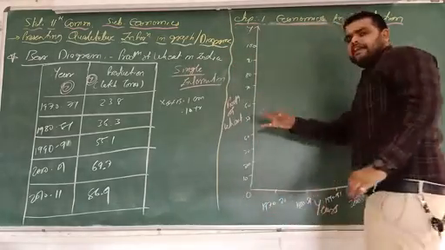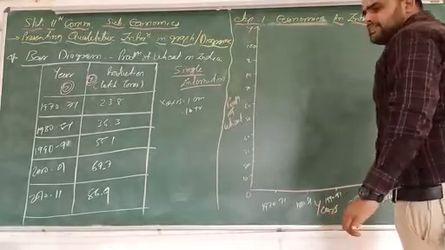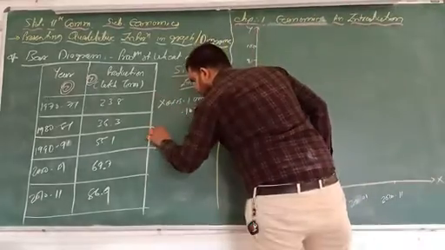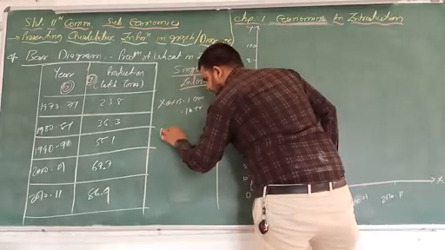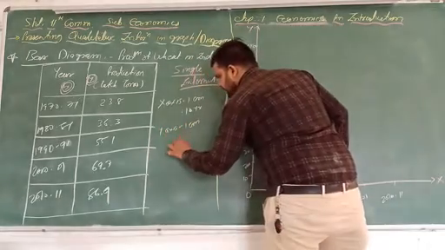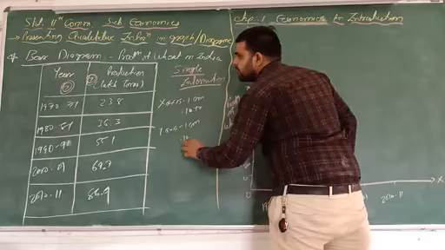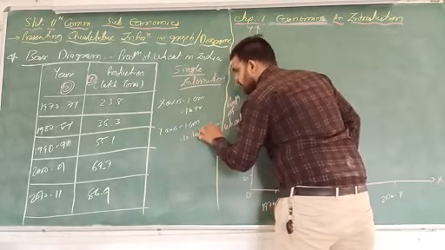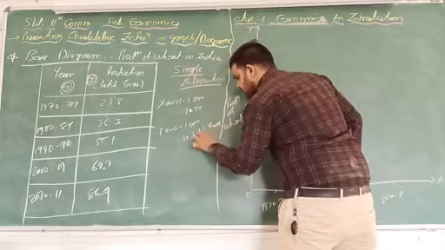Again we would write this on the right side of our graph, but due to lack of space, I will write here: on the y-axis, 1 centimeter is equal to 10 lakh tons production.